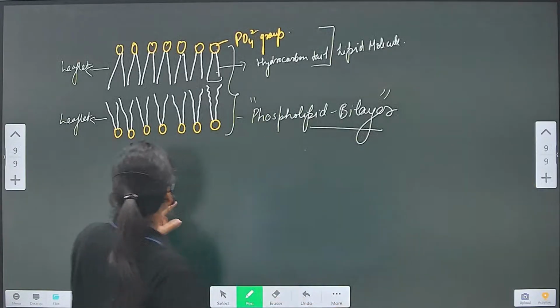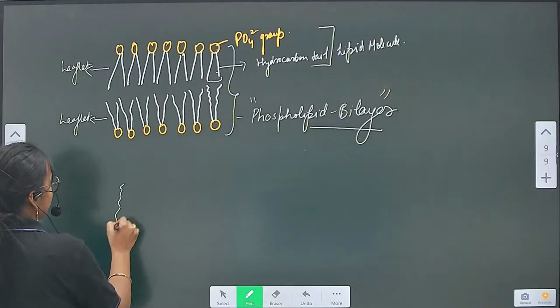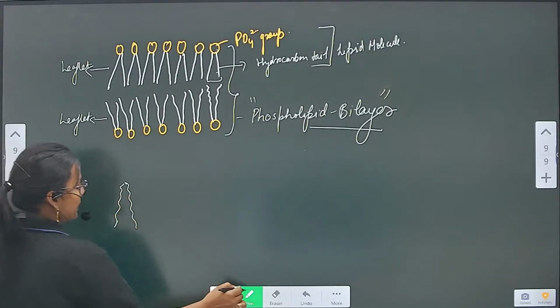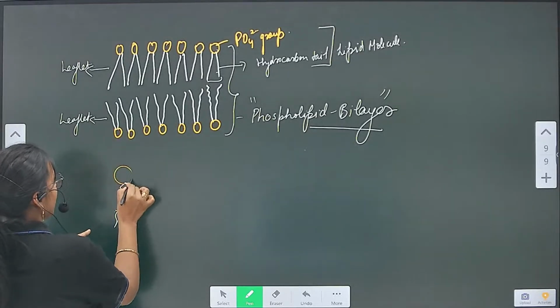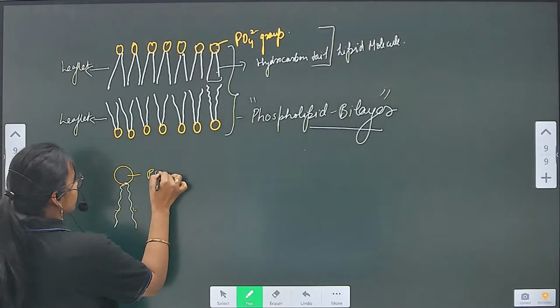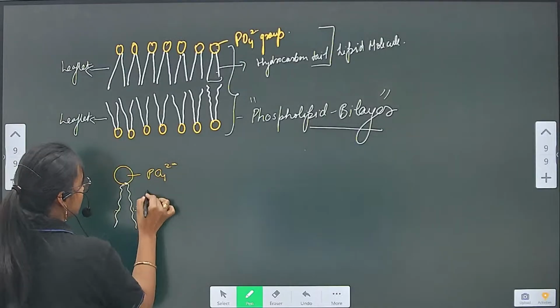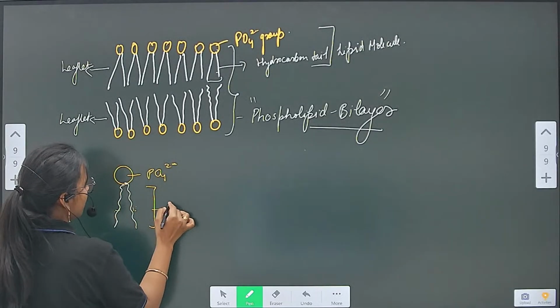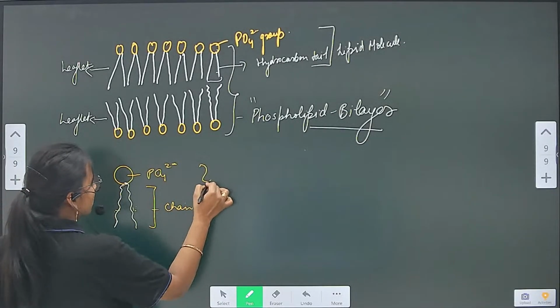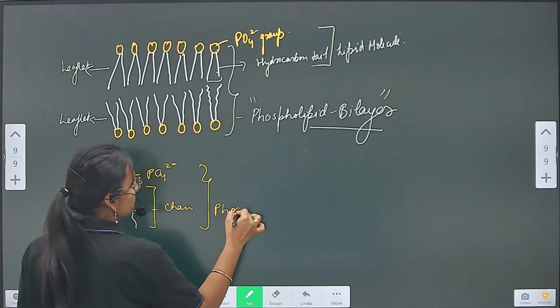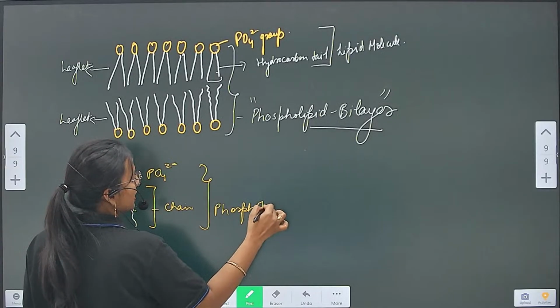Because one lipid, as I can draw over here, is having two hydrocarbon chains and one phosphate. This is the phosphate group which is negatively charged, and this is the hydrocarbon chain, together called as phospholipid.